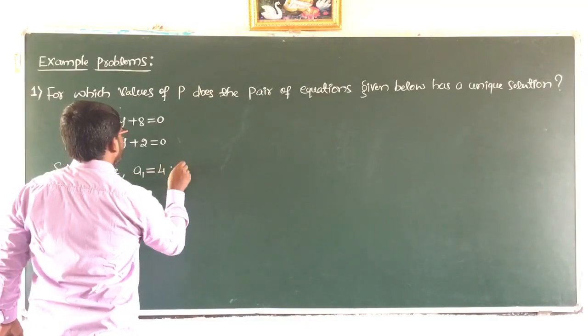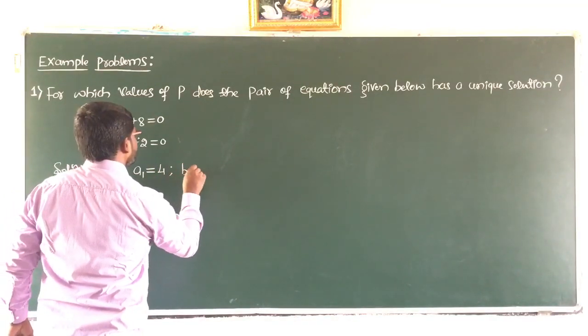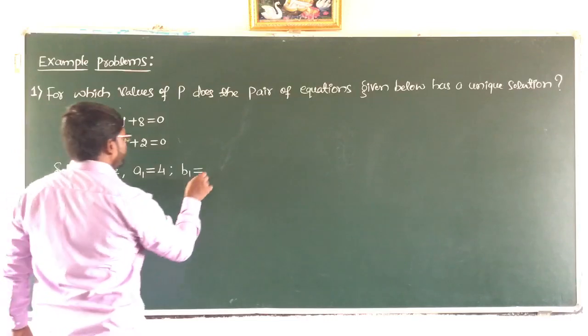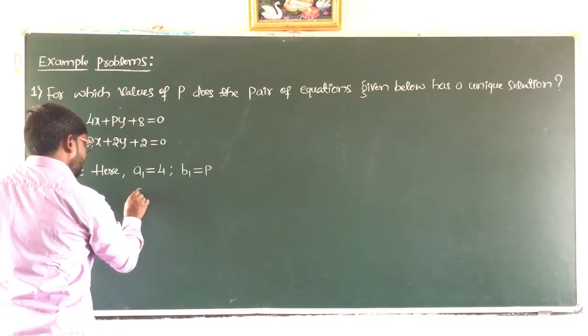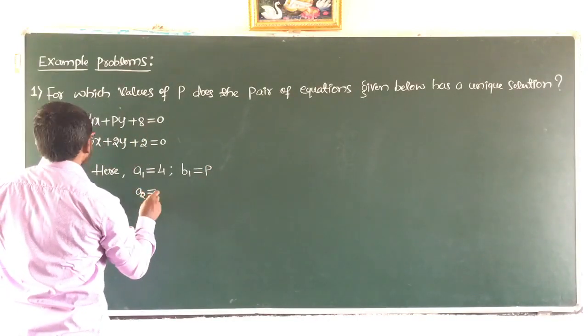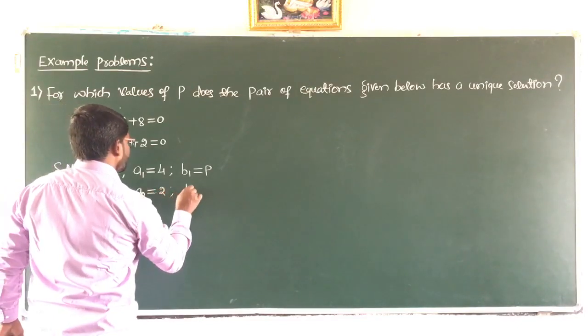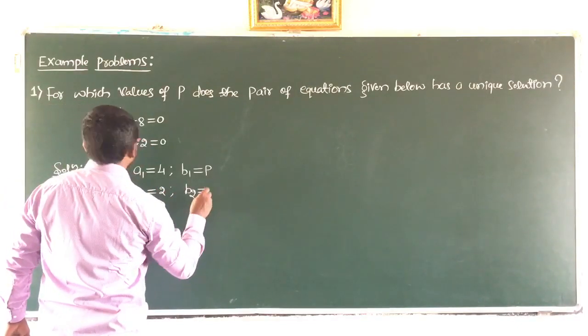then b1 which is equal to p, then a2 which is equal to 2, and then b2 which is equal to 2.